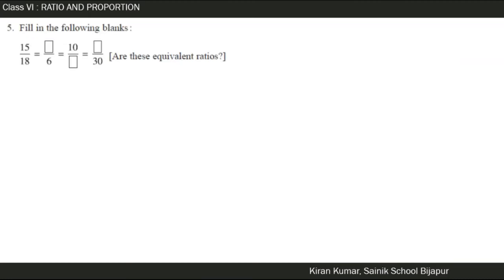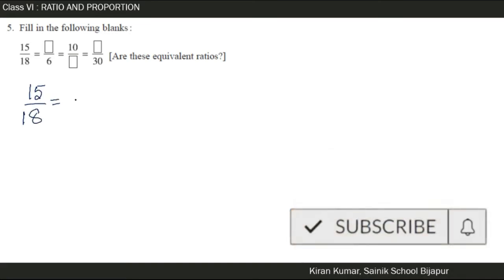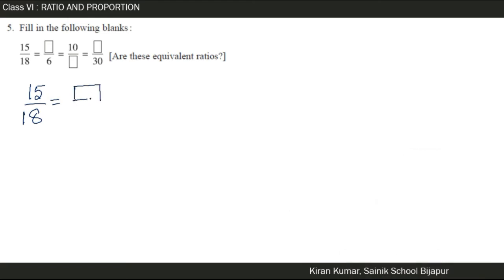Question number 5. Fill in the following blanks, and they have asked, are these equivalent ratios? Here 15 upon 18 is given. This is equal to blank upon 6.